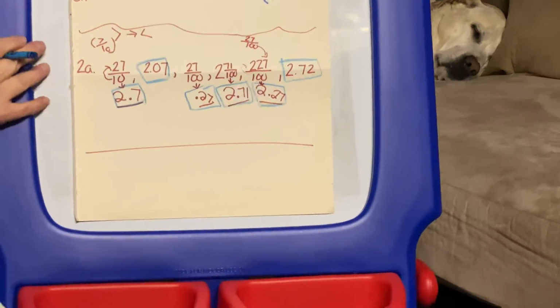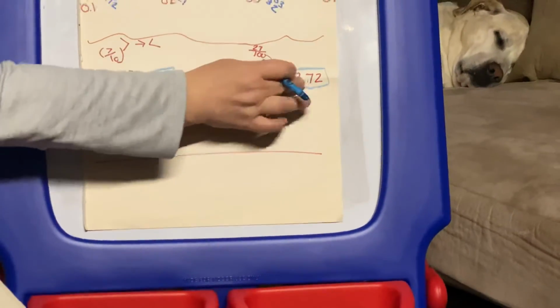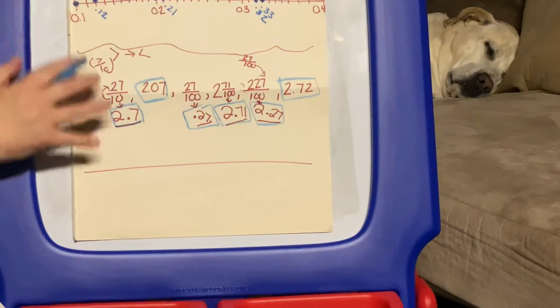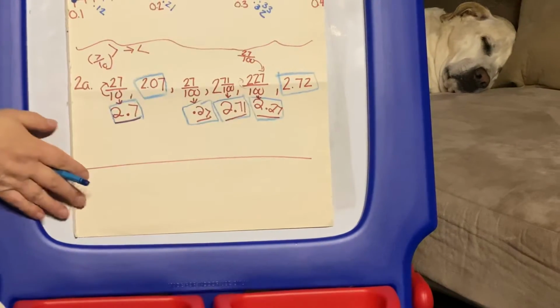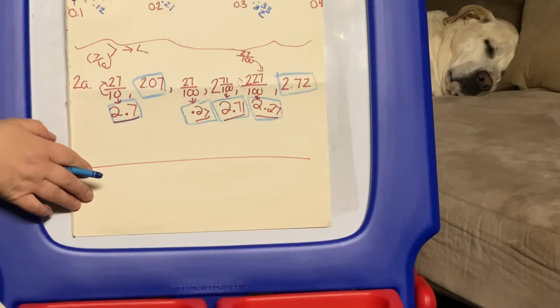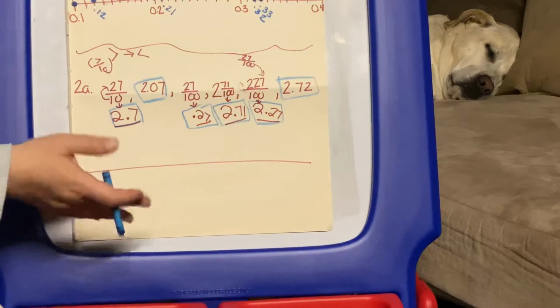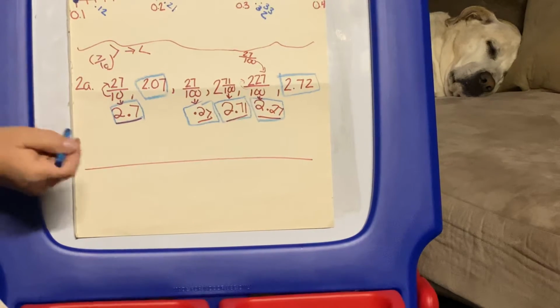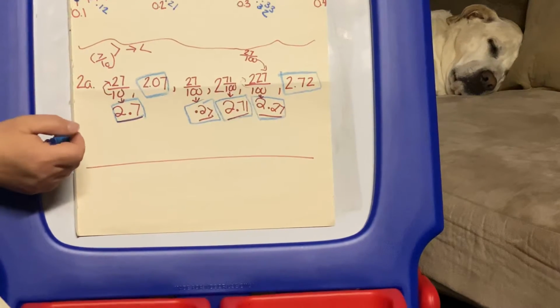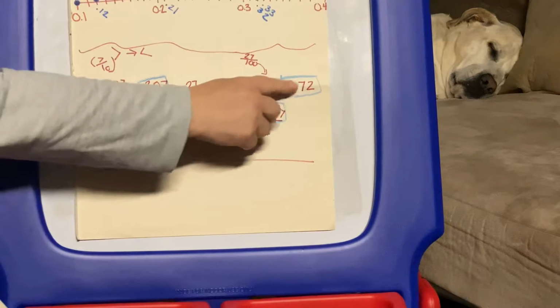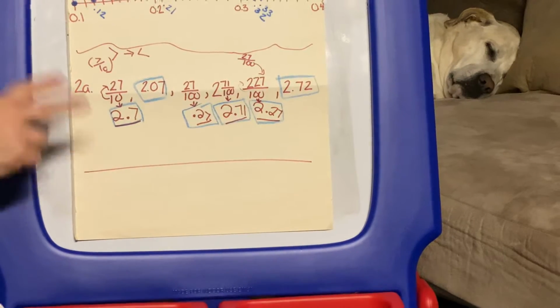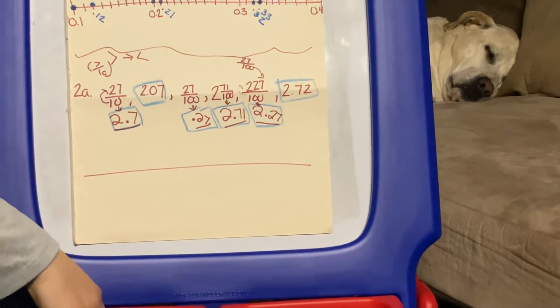And guys, the reason why I went through and I did this with a separate color is because for me, this is a lot of work shown on a page, and I'm going to get confused as to what numbers am I even putting on the line. So it might be helpful for you if you have a crayon or a highlighter to just box the numbers in that color so that you know exactly what you want to look at.